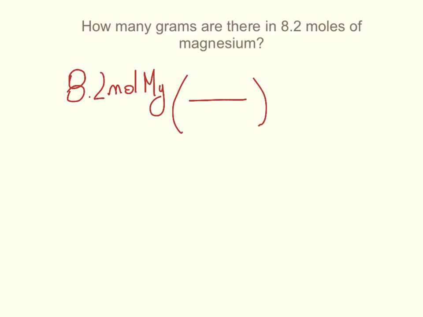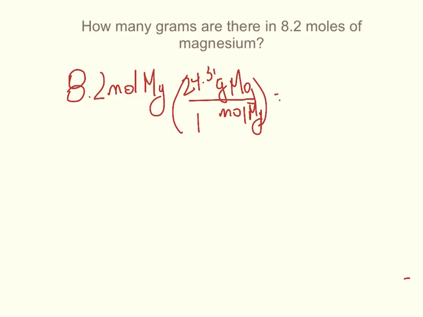Excuse me, we're going to go to grams. So again, I want moles to be at the bottom because that's what I want to cancel. Grams of magnesium is what's going to be up here on the top. And so for every 1 mole of magnesium, you look at the periodic table and you have 24.31 grams of magnesium.